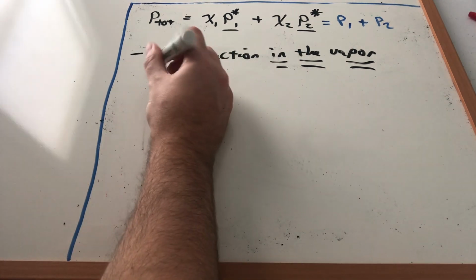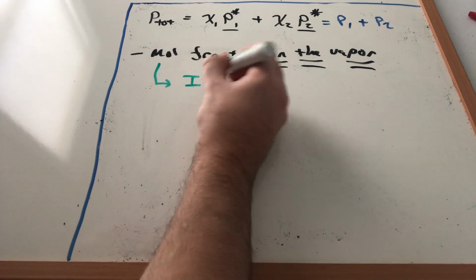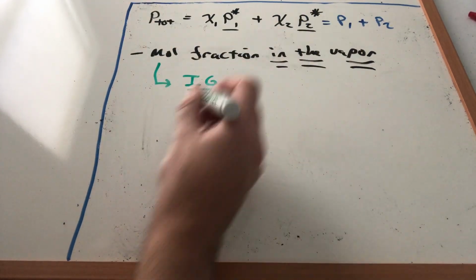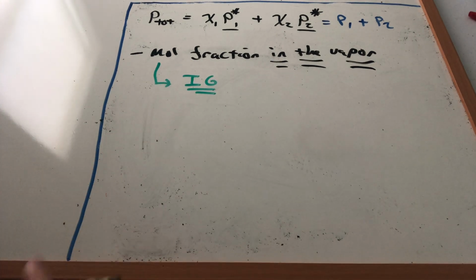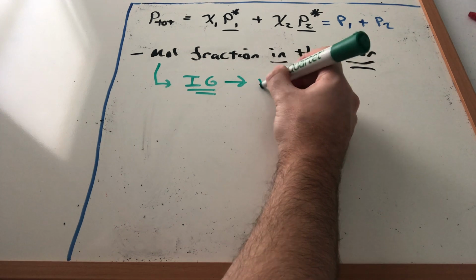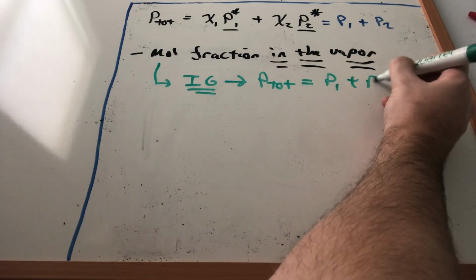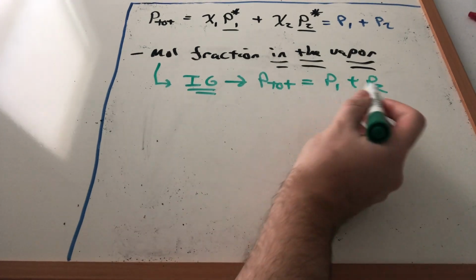And so what we're assuming when we do these calculations is that we have not only an ideal solution, so that Raoult's law is applicable, but that we also have an ideal gas. And I'll remind you of Dalton's law of partial pressure one more time: P total is equal to the sum of both components, P1 plus P2.